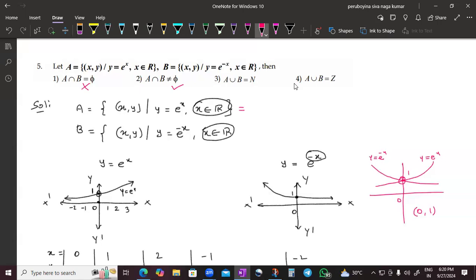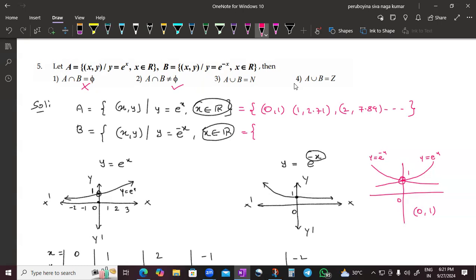If you try to create set A, you can see (0, 1) and (1, 2.71), because e power 1 is 2.71. Remember, it's a standard value. And e square is 7.89 something, and so on. We are getting uncountable points as the x value increases and the y value also increases.